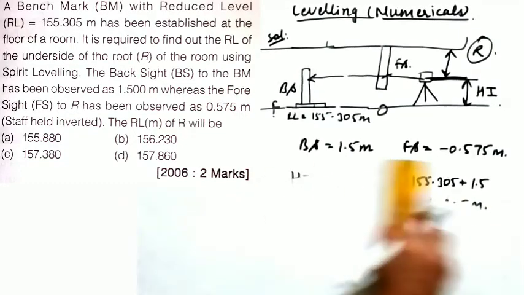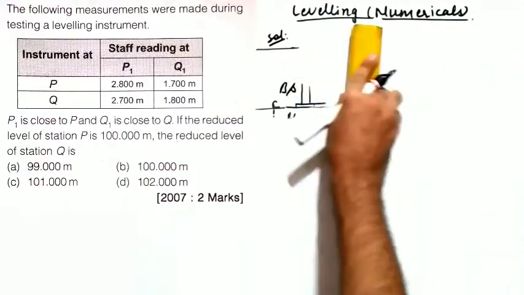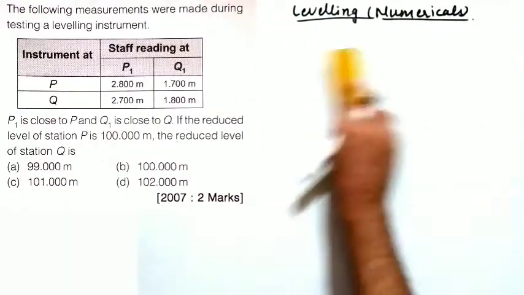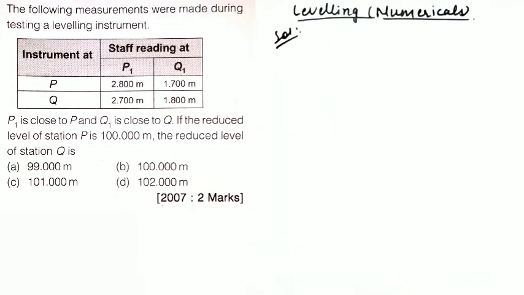Now moving to the next question, and the next question is again a formula based question, and it is based upon reciprocal leveling. You all have studied what reciprocal leveling is, what it does. So now you are given a question in which a table is given.